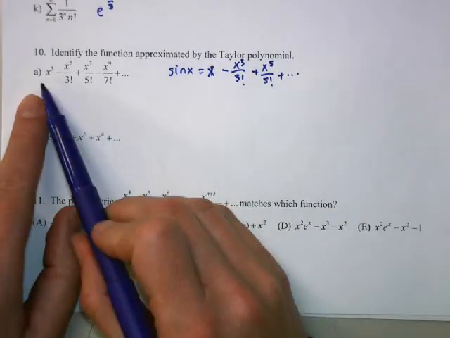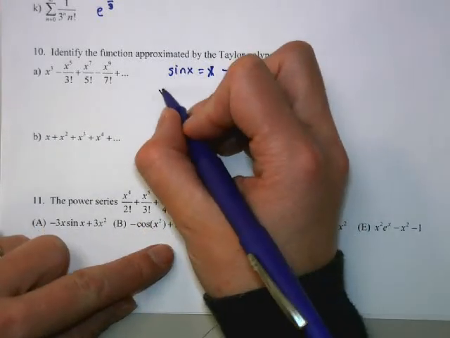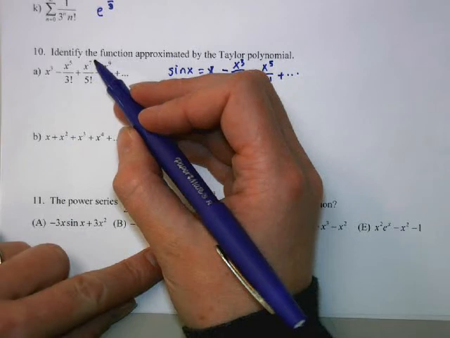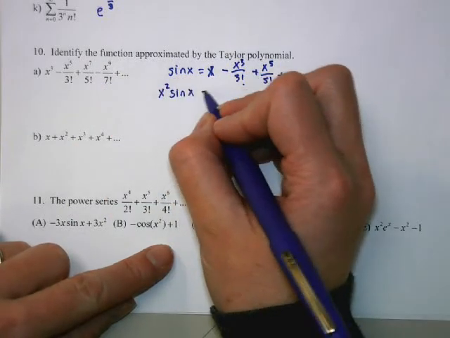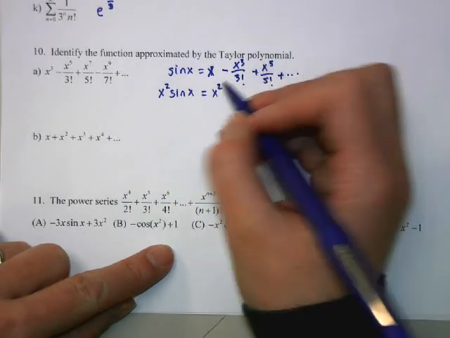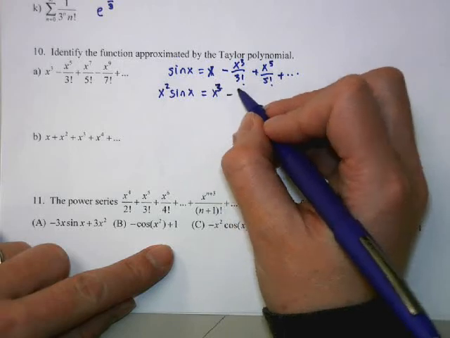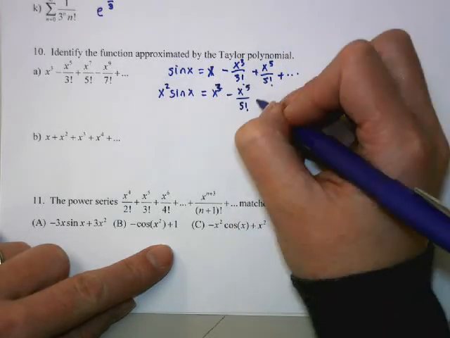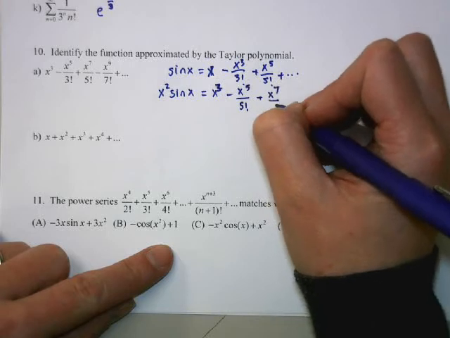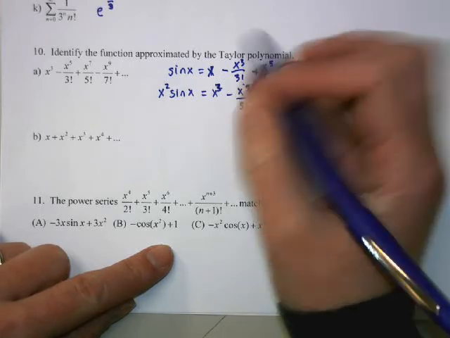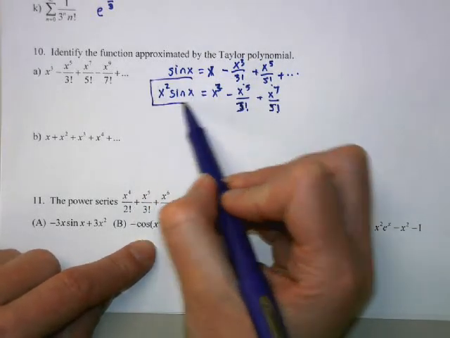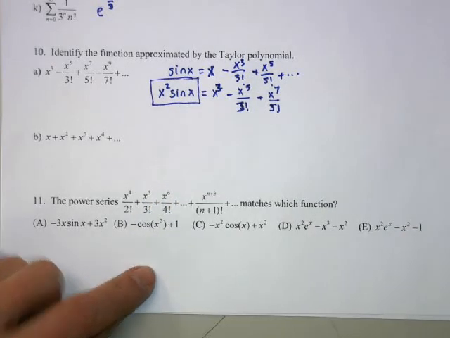So to get this, if I multiply everything by x squared, I will get that shift that we're looking for, because these are 2 higher than that. So this will be x cubed minus x to the 5th over 3 factorial plus x to the 7th over 5 factorial. Sorry, this should be 3. Okay, so my answer here is x squared sine of x.